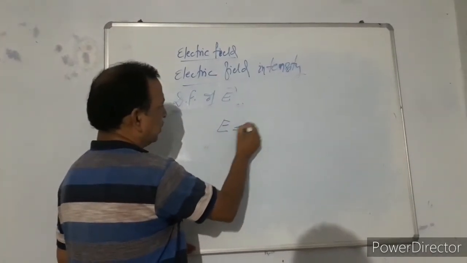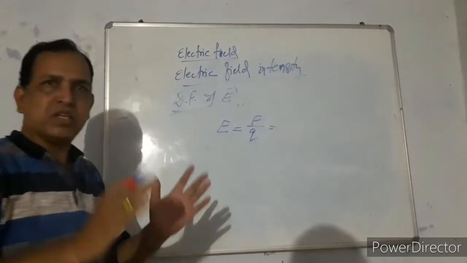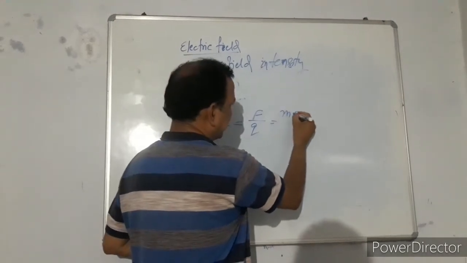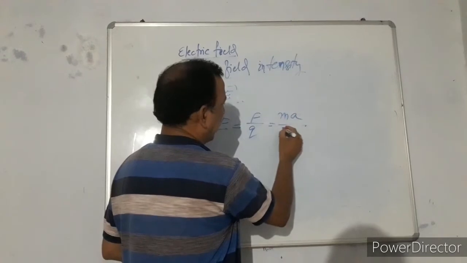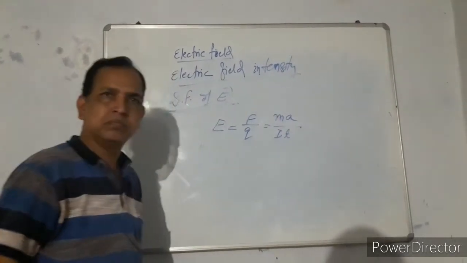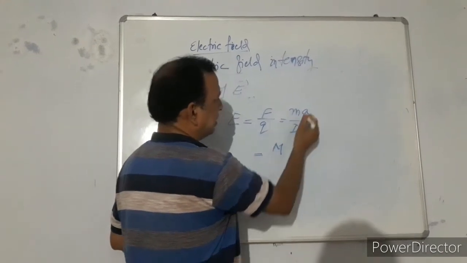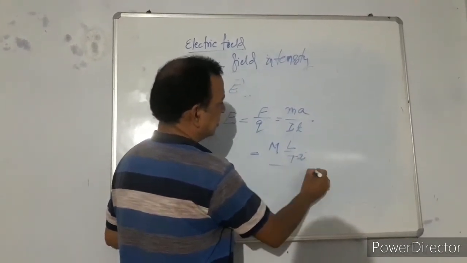E is equal to F by Q. F is the force, force is equal to mass times acceleration, ma. Q is equal to I T, current into time. For a, the dimension is L by T square.